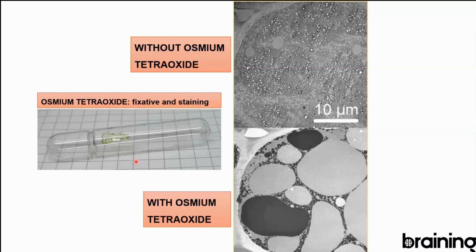And then without the osmium tetroxide or with the osmium tetroxide, I told you that the osmium is crucial to get a good contrast of the tissue, as you can see here, with and without.